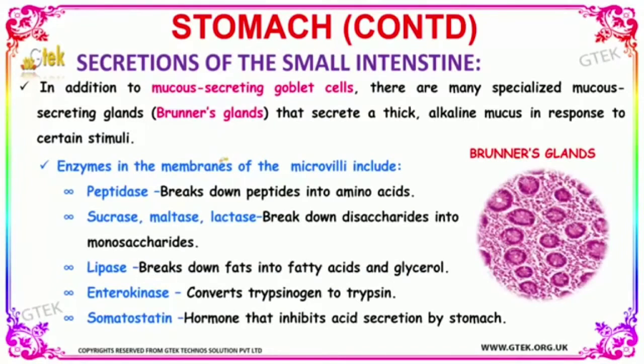Let us study about the secretions of the small intestine. In addition to your mucus secreting goblet cells, there are many specialized mucus secreting glands, which are the Brunner's glands, that secrete a thick alkaline mucus in response to certain stimuli.